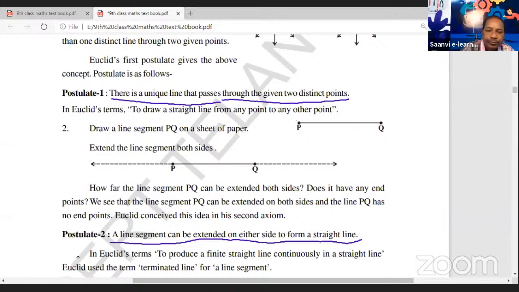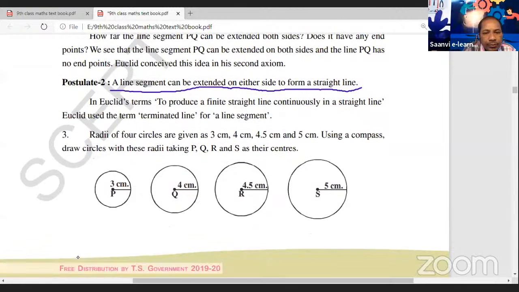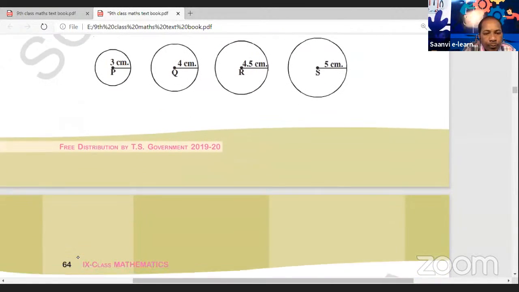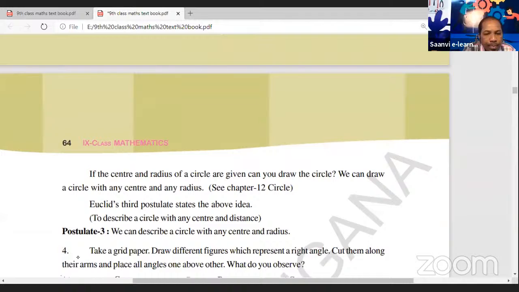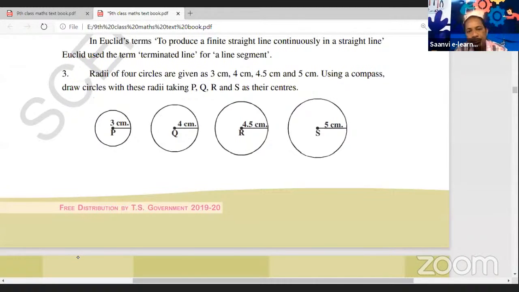Now see postulate three. What is given? We can describe a circle with any center and any radius. Suppose if we observe these circles, the center is P and the radius is 3 centimeters.